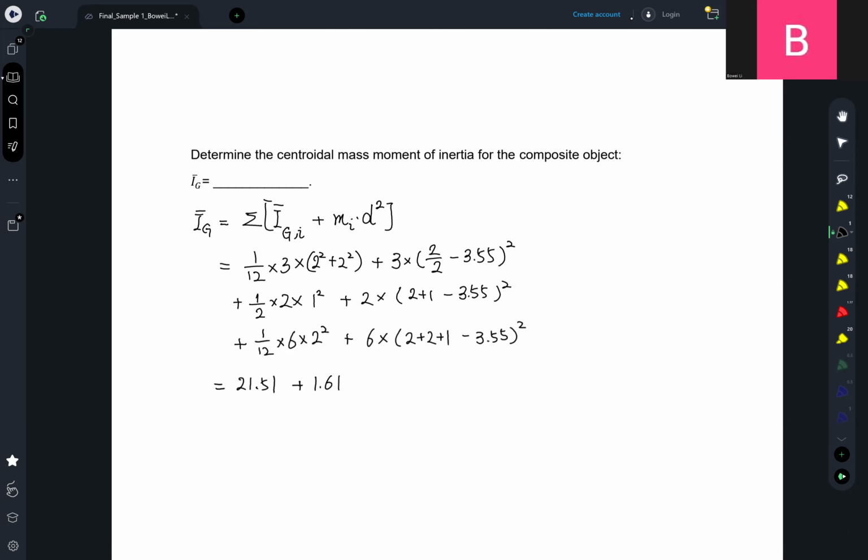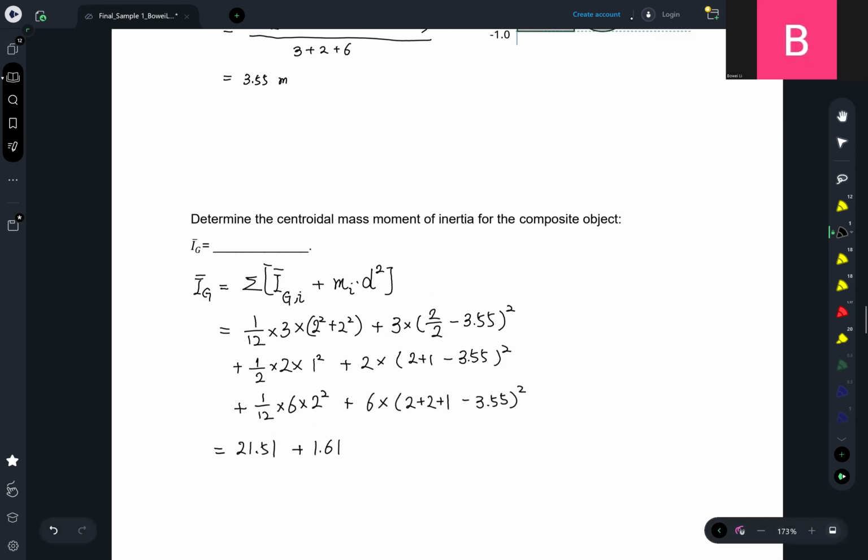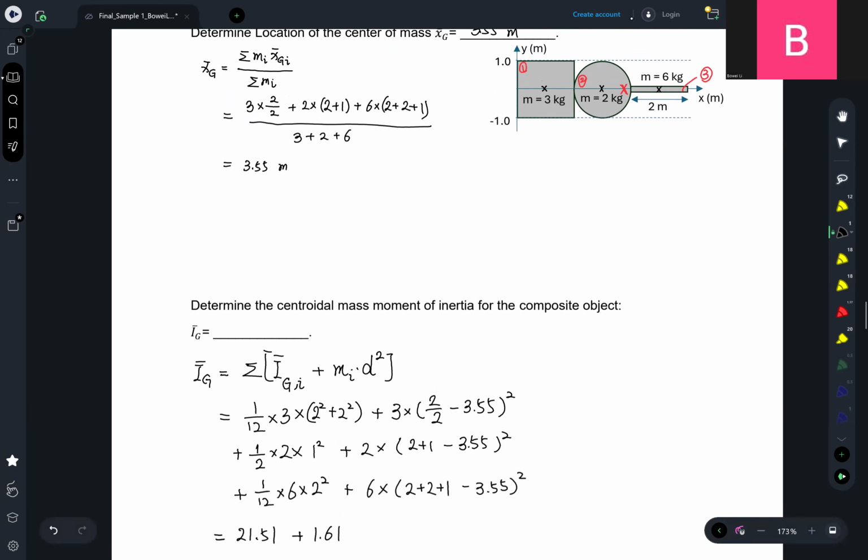Now if you look at the second part, its mass moment of inertia appears to be too small. The reason is that the mass of the second part is much closer to the axis or the point about which we are evaluating the mass moment of inertia, the centroid of the entire object. The closer it is to the axis, the smaller it is.